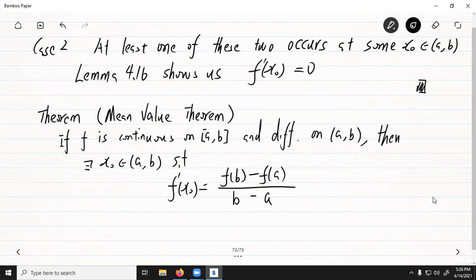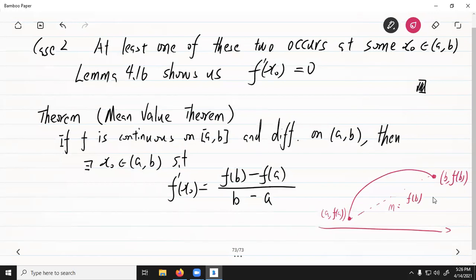Okay, so let's use the graph to tell you the meaning of it. This point is A, f of A, right? This point is B, f of B. If you connect these 2 points to form a line segment, this line has the slope m, which is equal to f of B minus f of A over B minus A. This is the slope for this line.